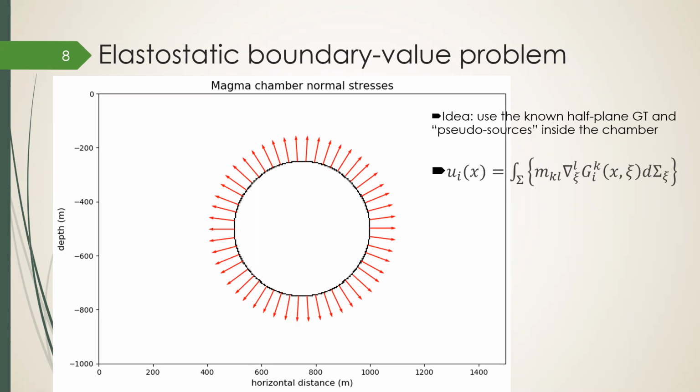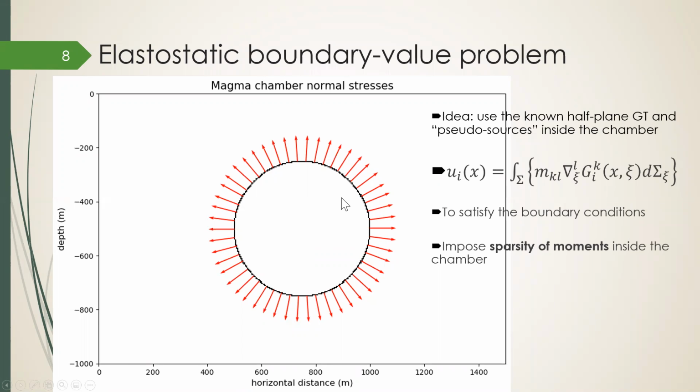We will populate the inside of this spherical chamber with pseudo-sources, and we'll make those pseudo-sources such that if we forward model the deformation from those pseudo-sources, the stress upon the boundary of this cavity will be equal to our boundary condition.